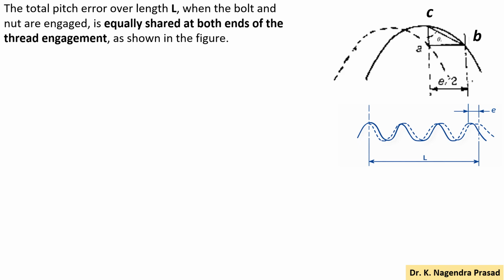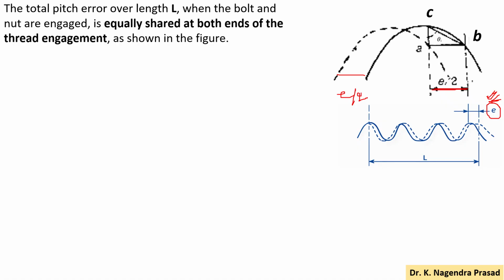Here small e is the total pitch error, and this pitch error is equally shared at both ends of the thread engagement. So e by 2 on the right-hand side, similarly e by 2 on the left-hand side also.